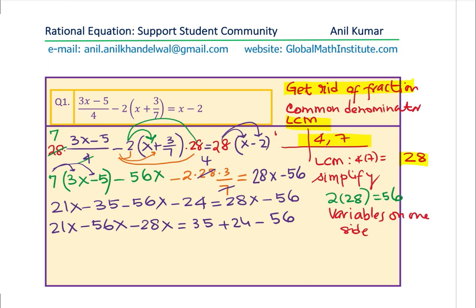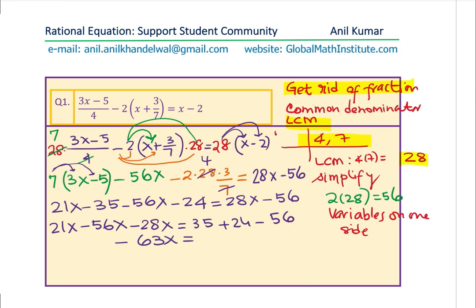Is that clear to you? So now we have separated the variable terms and the constant terms. And now you can combine these variable terms. So do this: 21 minus 56 minus 28. What do you get? Well, it's a negative term, and you get negative 63x.